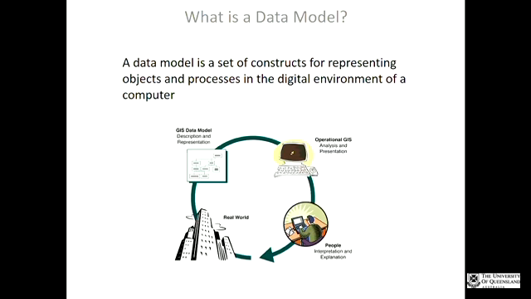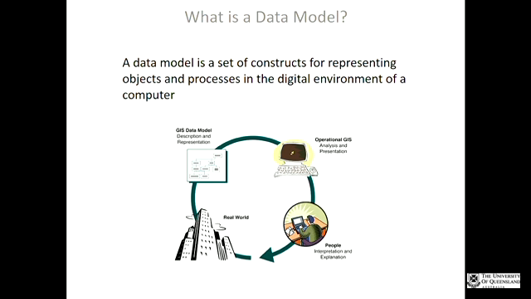Yep. The two different types of conceptualization. So then the question is, how do we go from the real world to a construct in a GIS to represent these objects? The way this is done is we take the real world, and we have what's called a GIS data model. So this is what we're going to talk about today. This is really a description and representation of the real world, usually in a conceptual form.